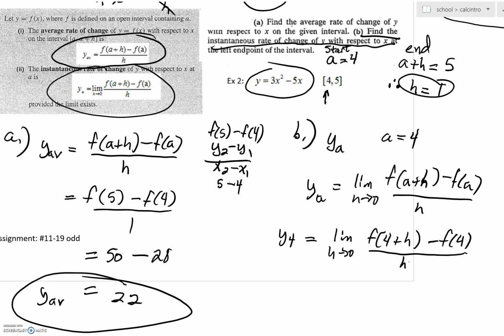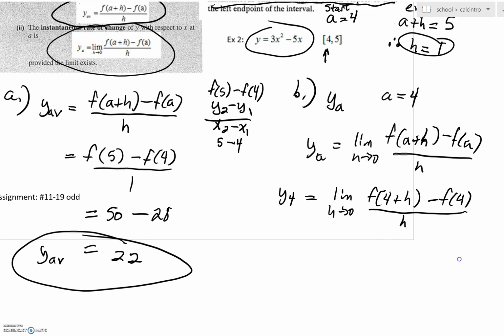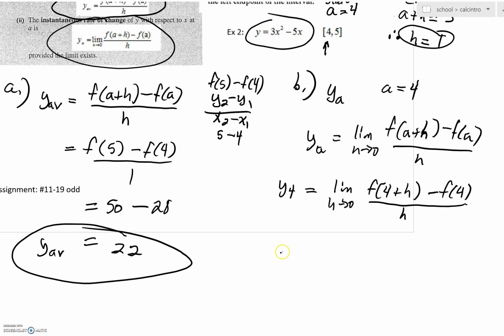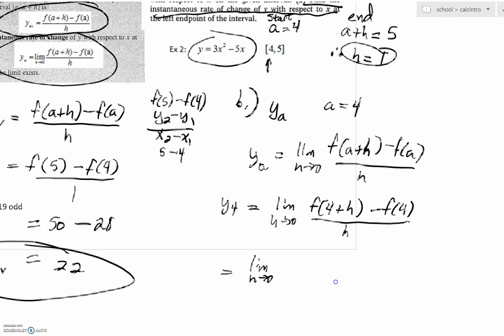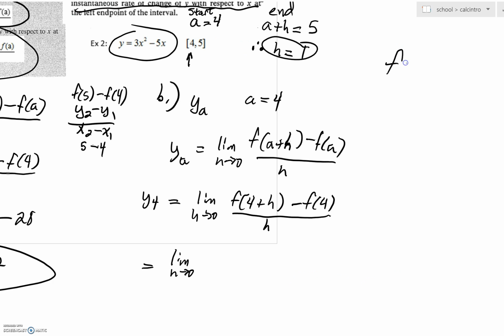So now we're not working in general just with an a, but hey, get a load of this. This could get to be a little bit ugly. We can work this out though. You could say f of 4 plus h. Well, here's the idea. Wherever there is an x, look, I just want to say this much. F of x is equal to 3x squared minus 5x.